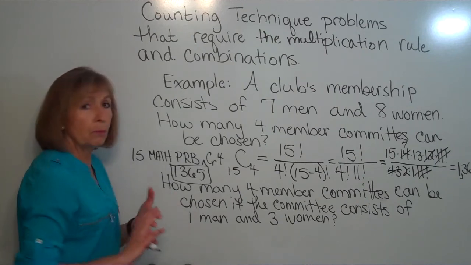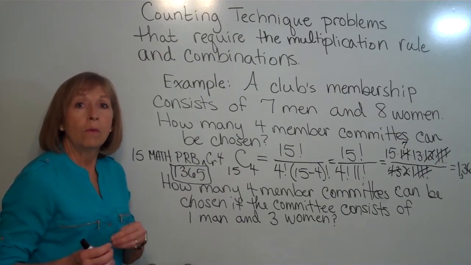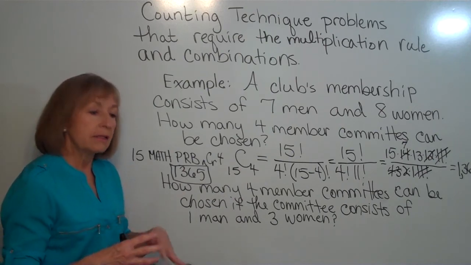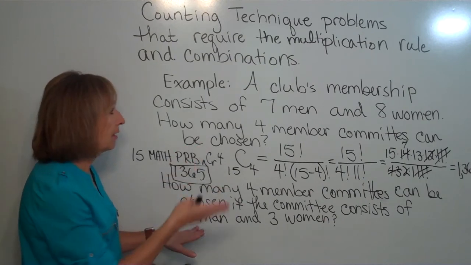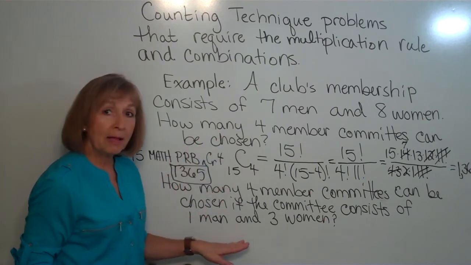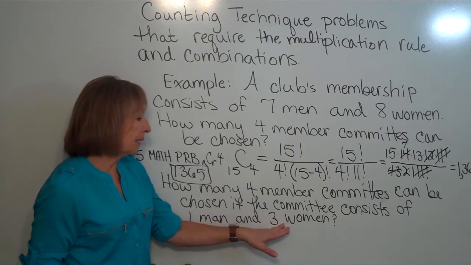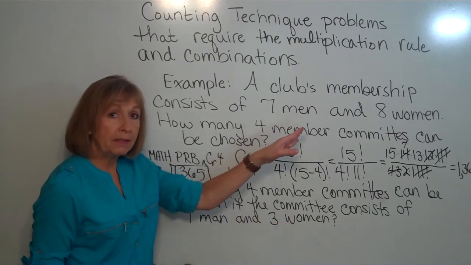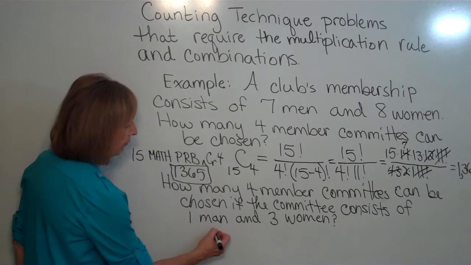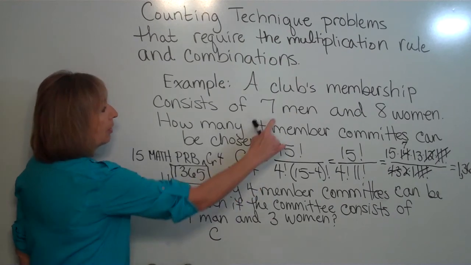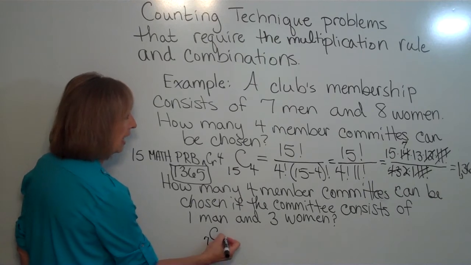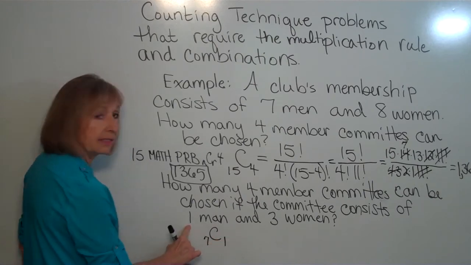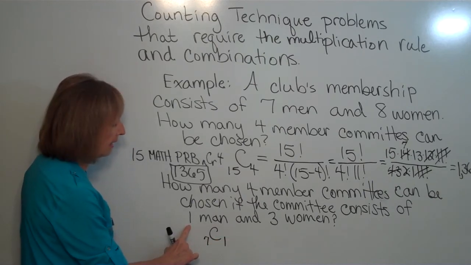So when we're thinking about this, we want to think, well, how many ways can we select the 1 man out of the men in the club, and then multiply that by how many ways we can pick the 3 women out of the women of the club. So for the first one, there are 7 men, so 7 combination 1, because it says you want a committee with 1 man.